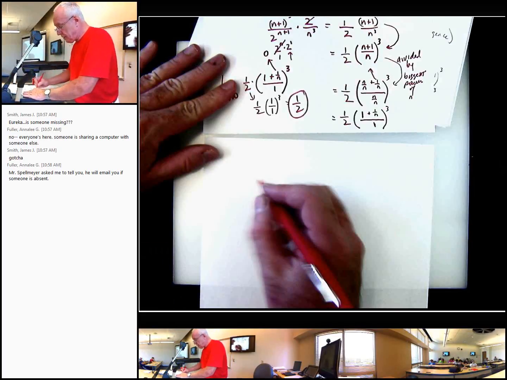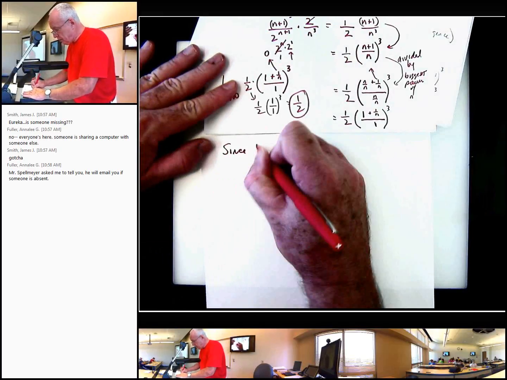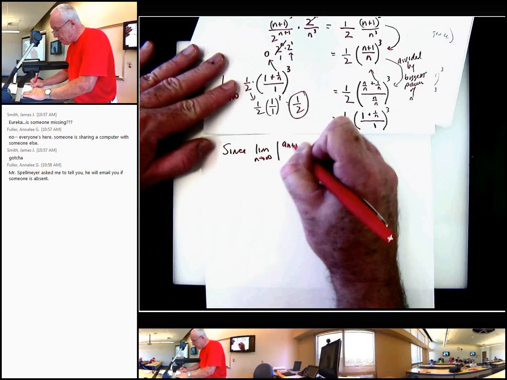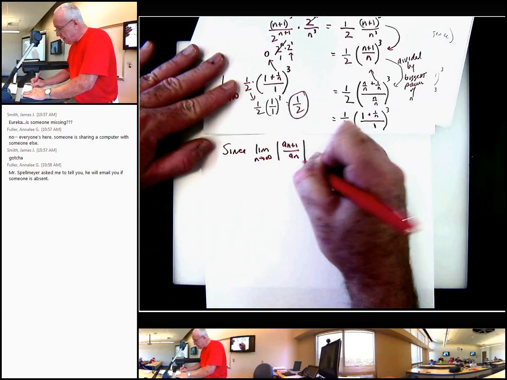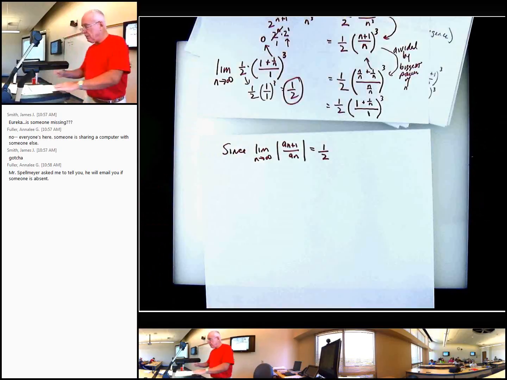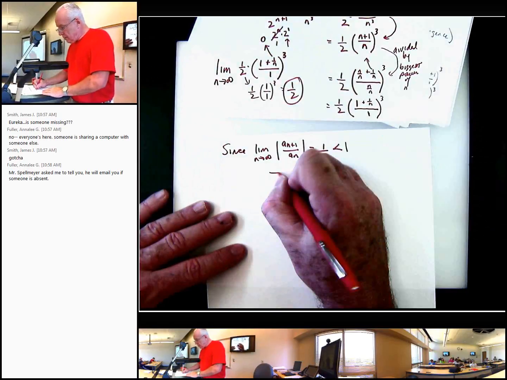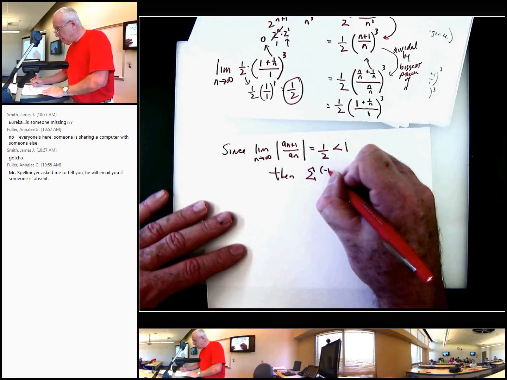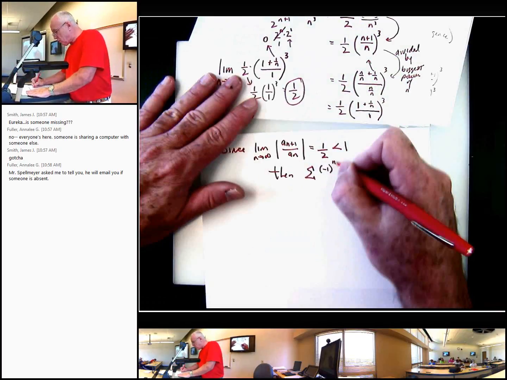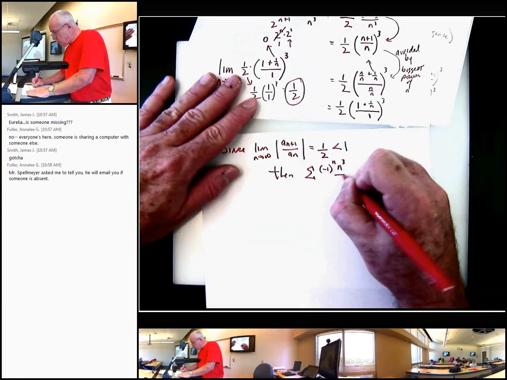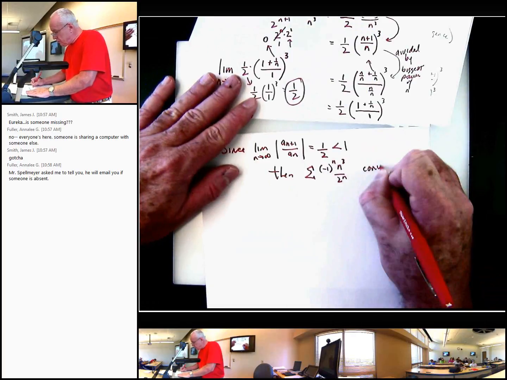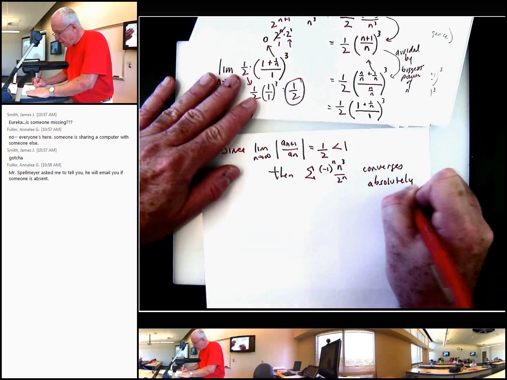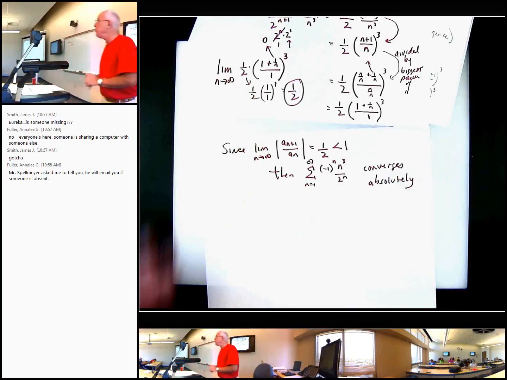So let me write this here. Since the limit as n goes to infinity of the absolute value of a sub n plus 1 divided by a sub n turns out to be equal to 1/2, and that's less than 1, then our original series, minus 1 to the n power, n to the third over 2 to the n, converges absolutely as n goes from 1 to infinity by the ratio test.